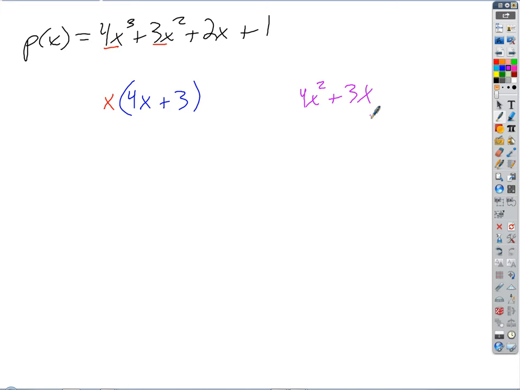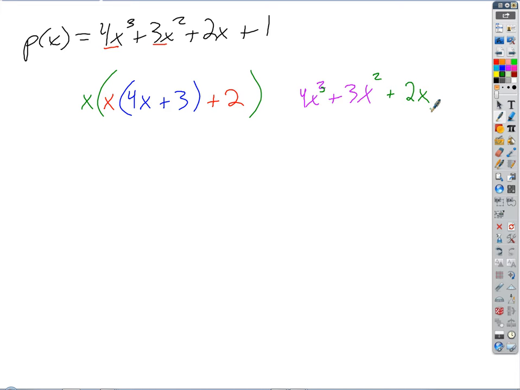So would you agree that if I added 2 to this and then multiplied the whole thing by x, I'm getting a little bit closer? That gives me now 4x cubed, 3x squared plus 2x, right? And then all I've got to do now is just add 1 to that.